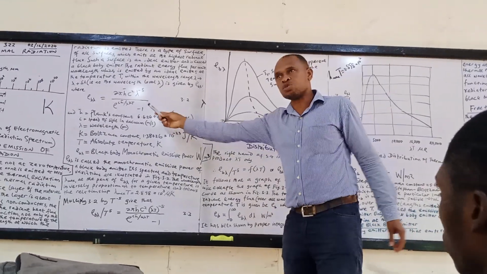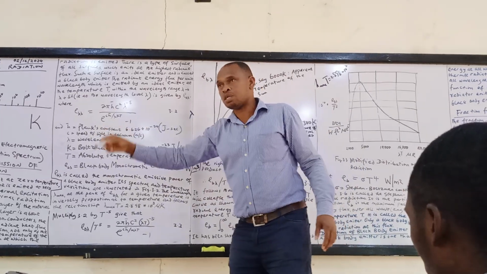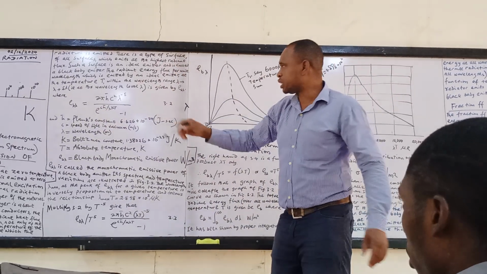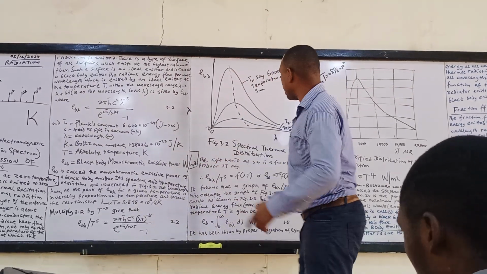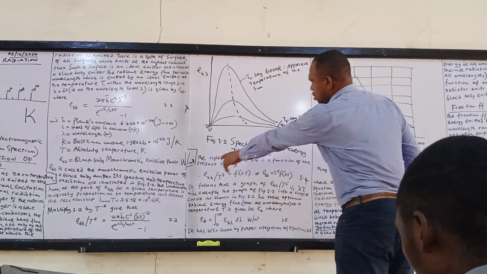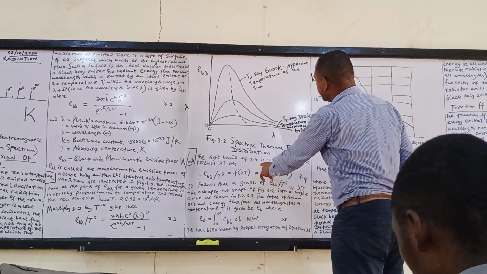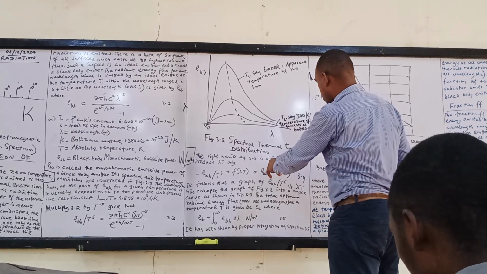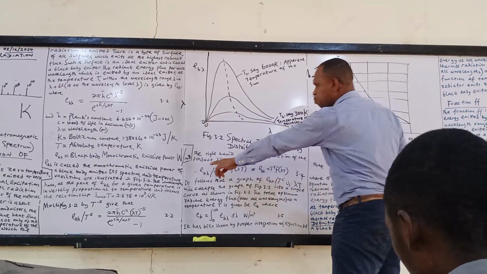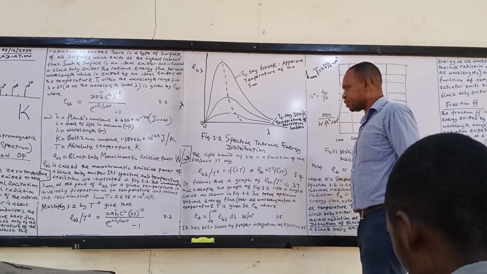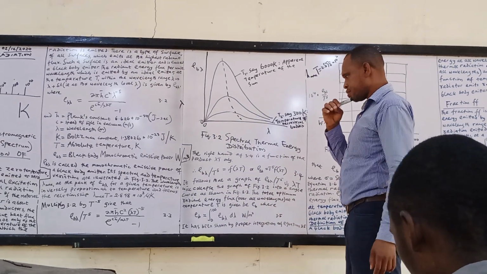Some textbooks might not use this kind of method. They might use C1, C2 and evaluate. Then the right hand side of 3.4 is a function of the product lambda T only.